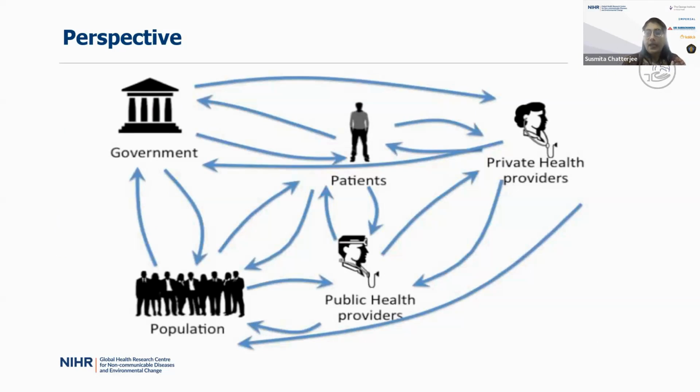We, as this nice figure shows, in our analysis, we can have multiple players, right? We can have the patient, we can have the government, we can have the private provider, we can have the public provider, we can have the whole population. And from each perspective, we can calculate the cost. And here actually there should be another figure which says the insurance company.